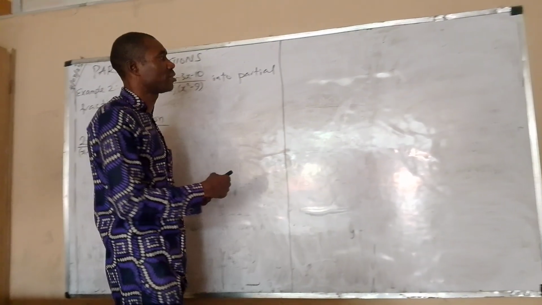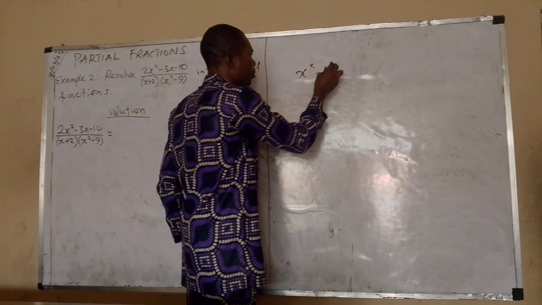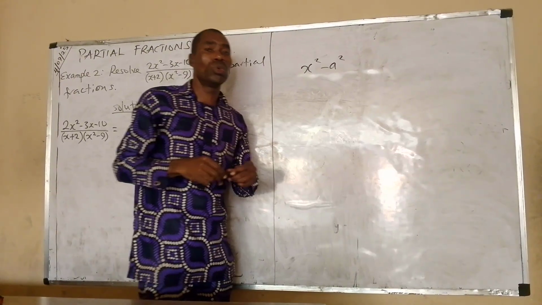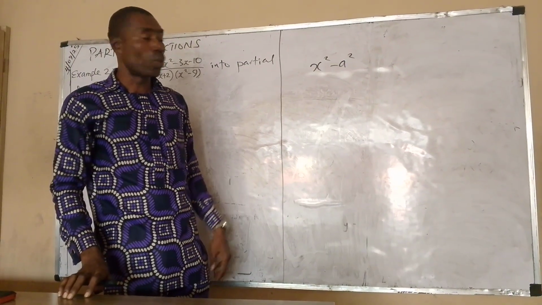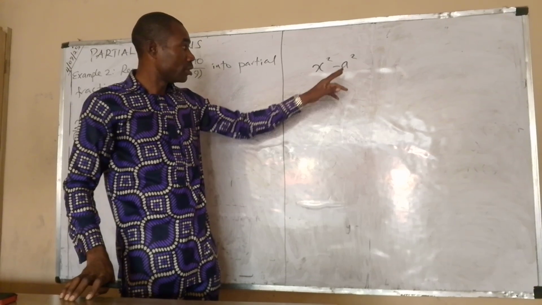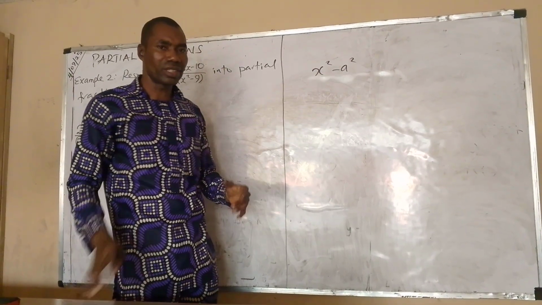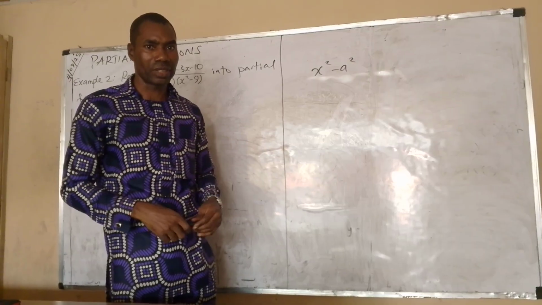In mathematics, there is something called difference of 2 squares, where I have 2 squares and I'm subtracting them. If I have something like this, how do I factorize it?